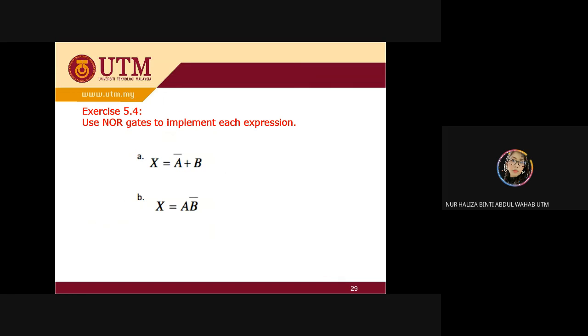Okay, let's see the example here. Similar to the example just now, it asked for NAND gate, but now it asks you to do the NOR gate. So similarly, you can have this A bar or with the B. So you change this in terms of NOR gate. This is the NOT gate here. And there is another OR gate, then it will be NOR.